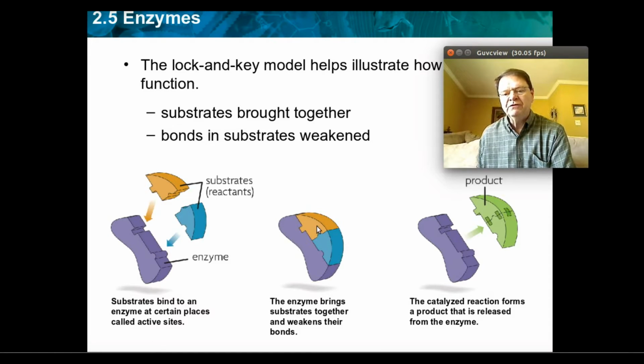And it's going to force the reactants to interact in a very specific way to cause them to bond to one another, and then the product is formed as you see here. Now, in this illustration, we have two reactants here to get one product. Of course, there are many different possibilities. You could have one reactant break down into two products. It really varies with the chemical reaction.